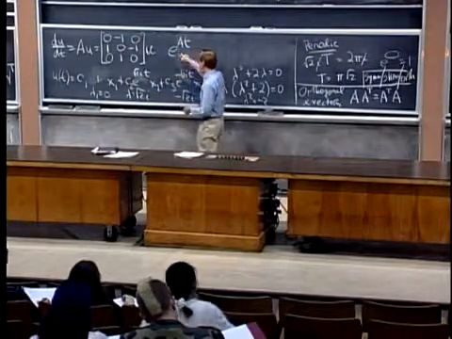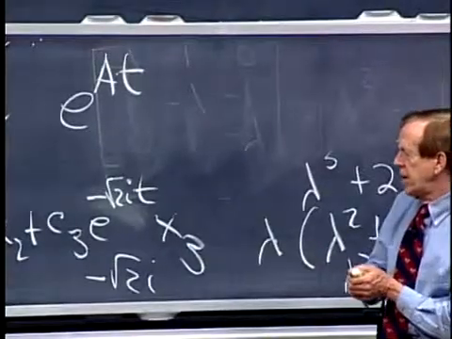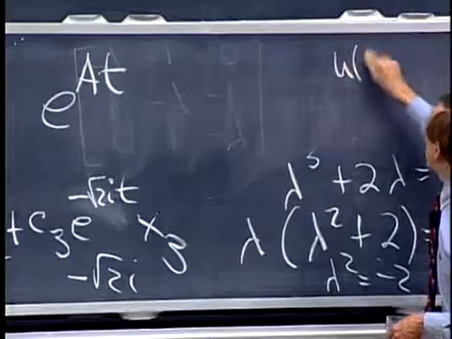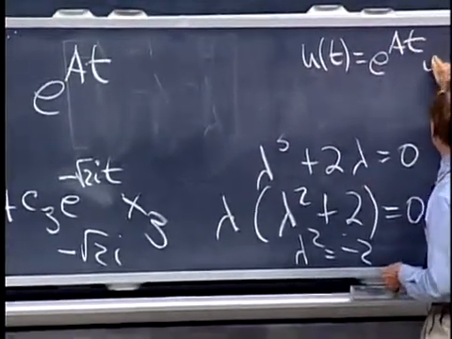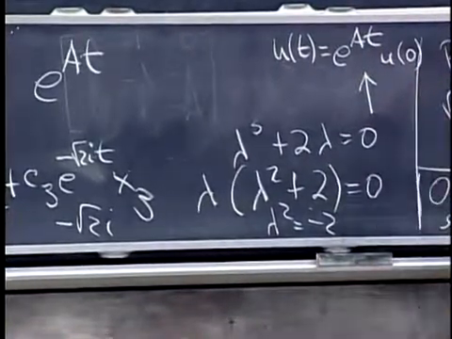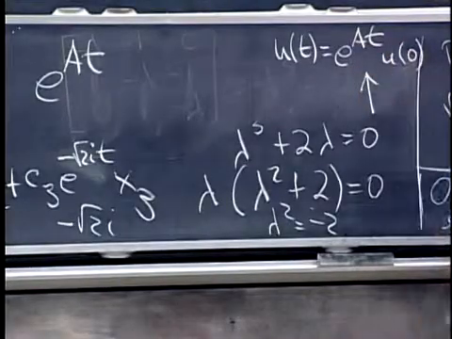Because how does that come in? That's the key matrix for a differential equation, because the solution is u of t is e to the At u of 0. So this is like the fundamental matrix that multiplies the given function and gives the answer.